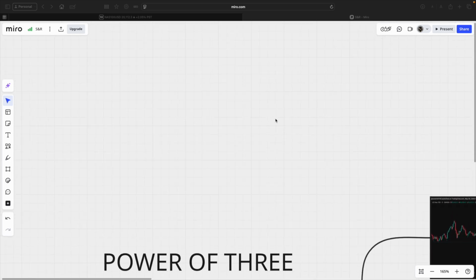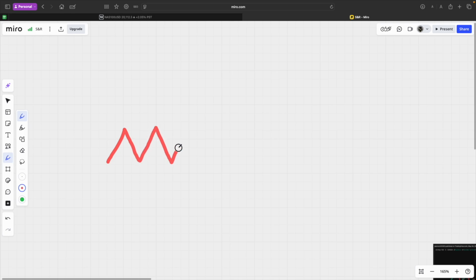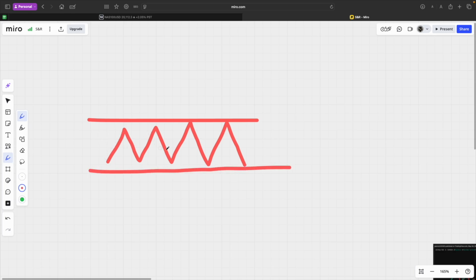Now, to keep this simple, let's go through it. So, we have accumulation. So, basically, accumulation is if the market does something like this. So, here you have a range. So, price is accumulating. Then we're waiting for a manipulation phase to take out the traders.